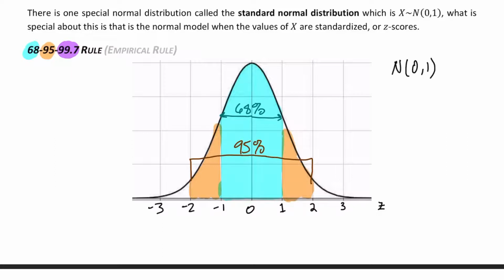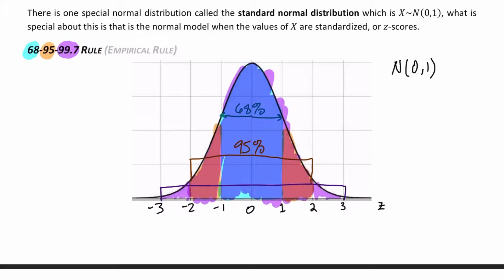So that means if I go from all this down here from -3 all the way up to -2, and then all of this, including this last little bit from 2 all the way up to 3, everything that I just colored purple is going to be within 3 standard deviations of the mean, or 99.7%. So almost everything, there's a little bitty sliver that's not in there. Almost everything is within 3 standard deviations of the mean.